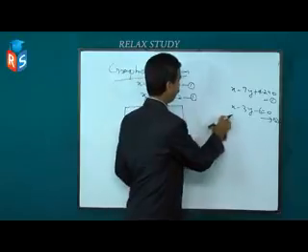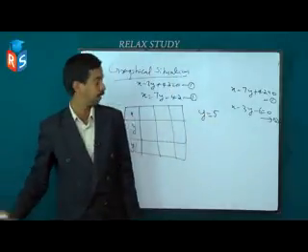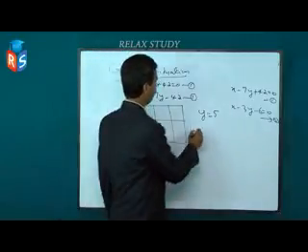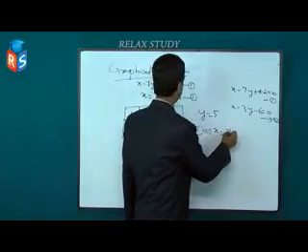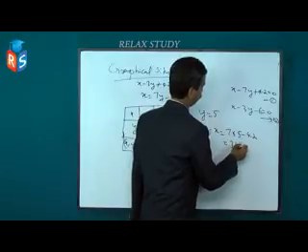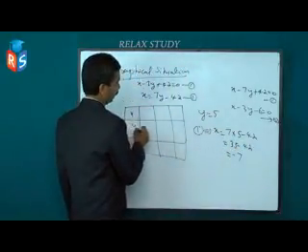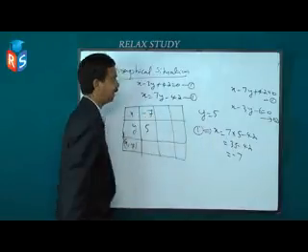For convenience, I am taking y first as 5. Substituting y equals 5 in equation 1, we get x equals 7 into 5 minus 42 equals 35 minus 42 equals minus 7. So when y equals 5, I get x equals minus 7.